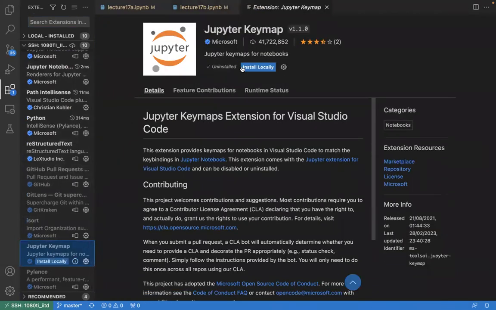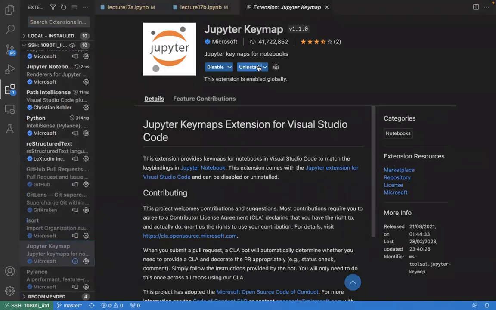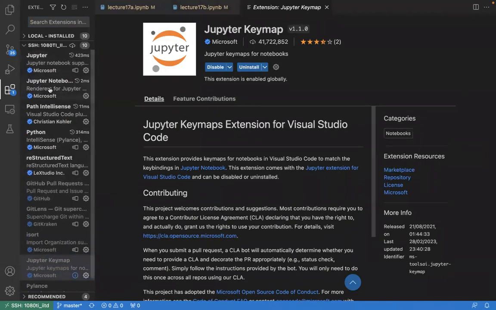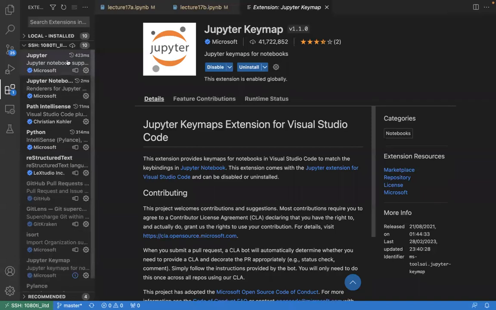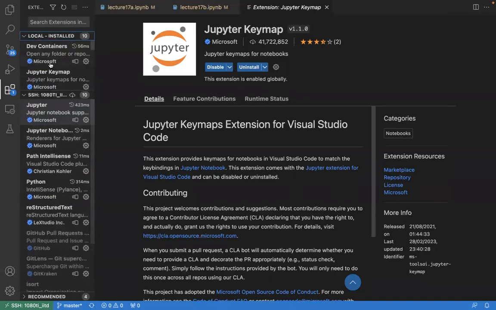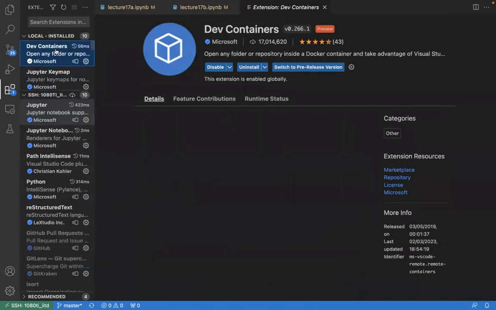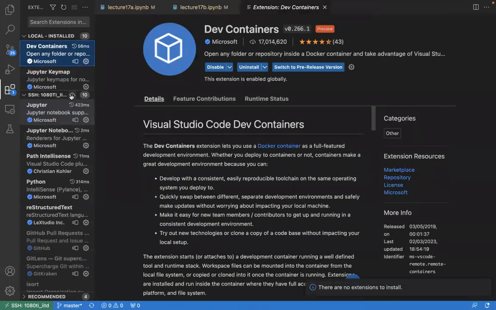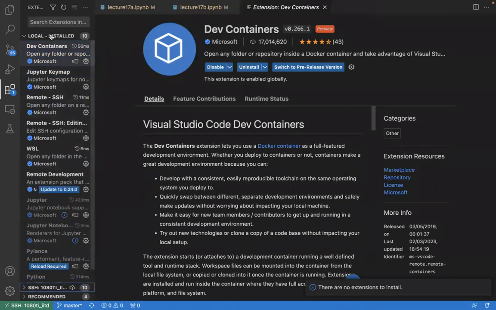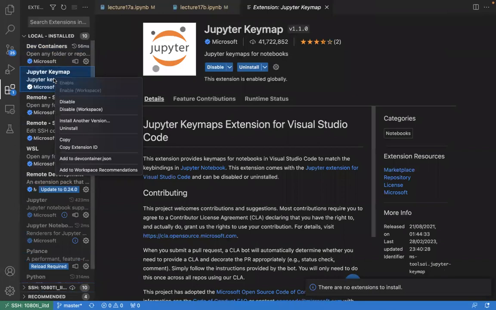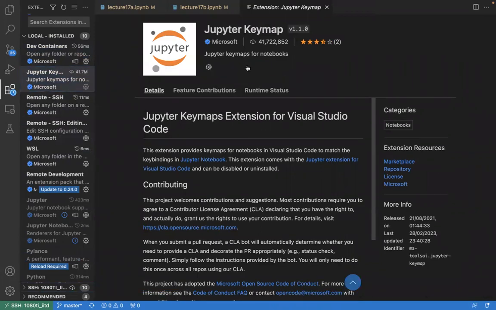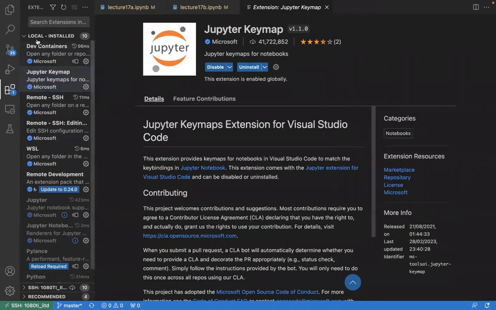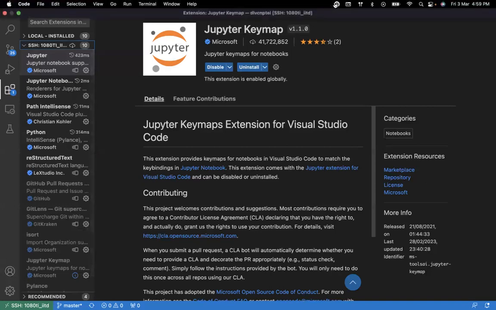Let me try this. It doesn't have an option for me to install in this SSH.